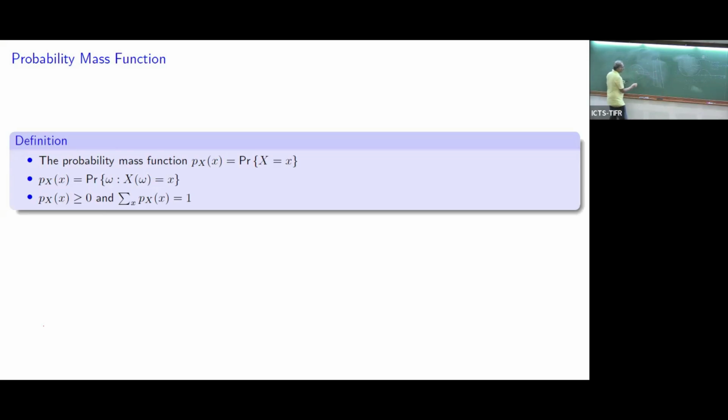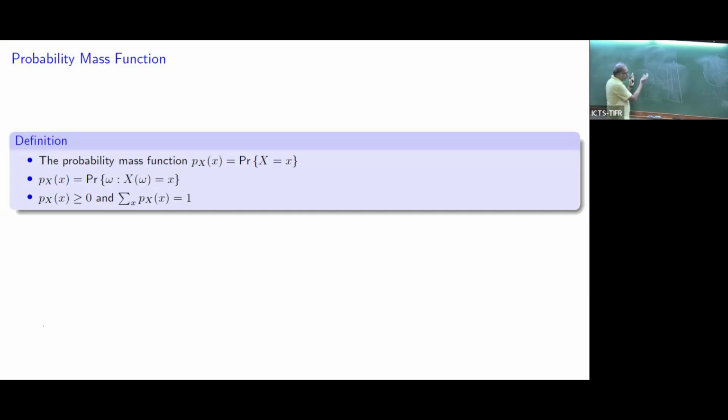For example, suppose this particular outcome had some probability, say 0.1, and that outcome is uniquely mapped to some value here. Then the probability of the random variable taking this value is also 0.1.